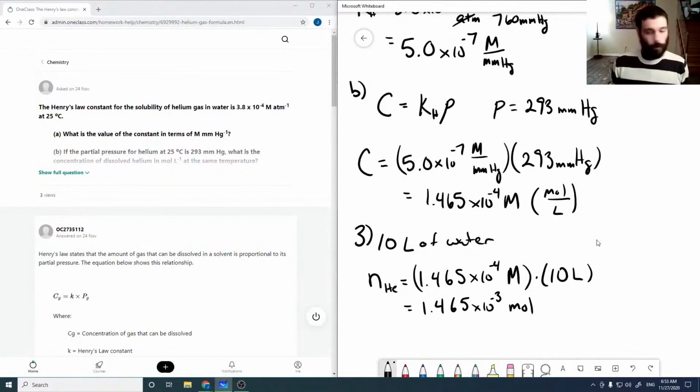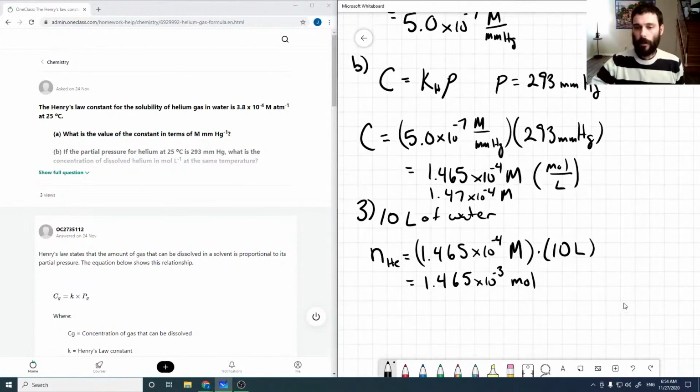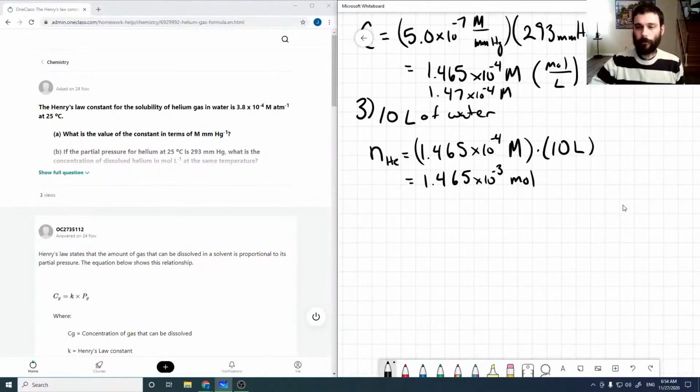That's a constant, so for significant figures it's probably 1.47. So there's our number of moles of helium dissolved in our 10 liters of water.